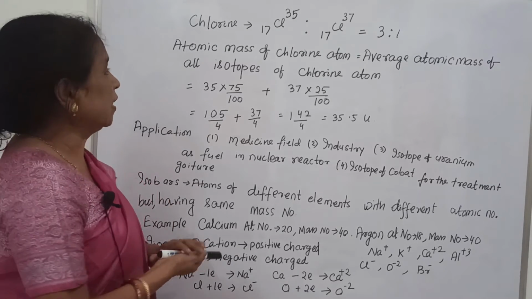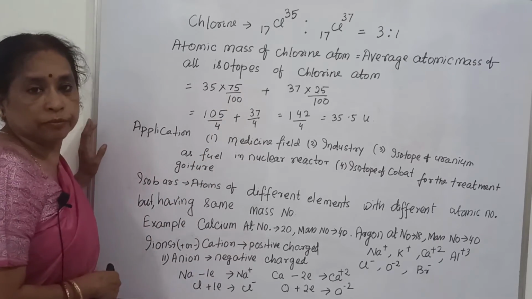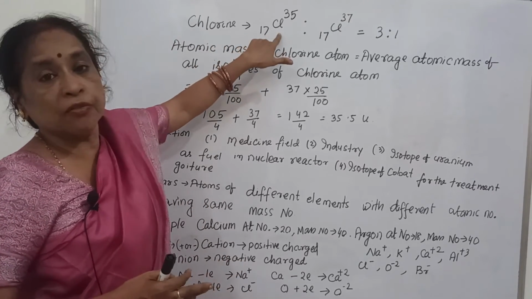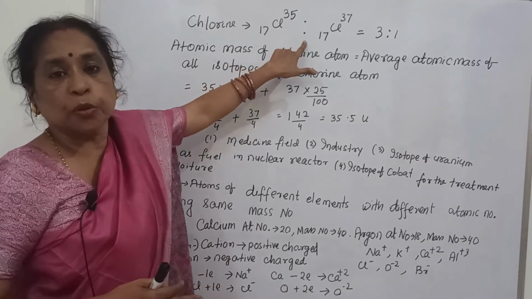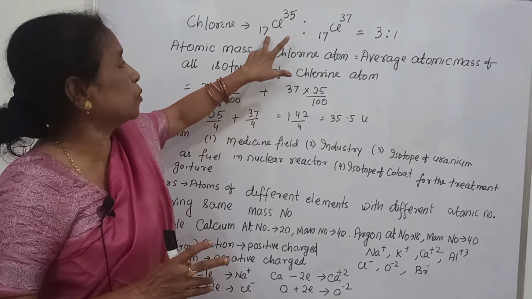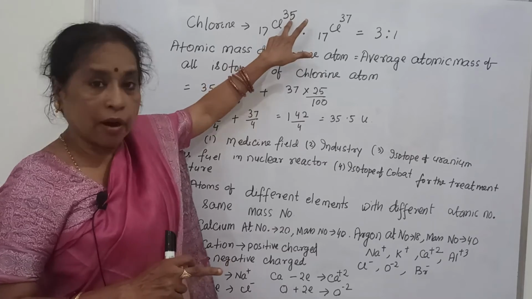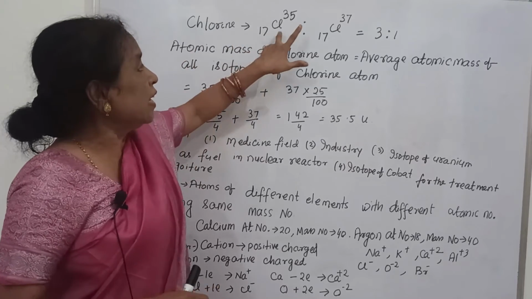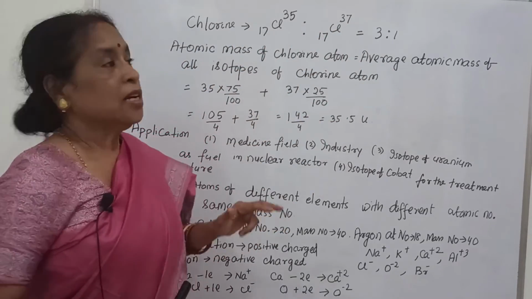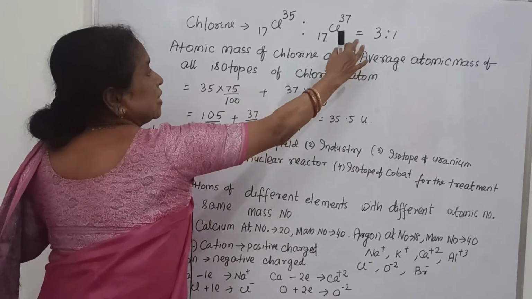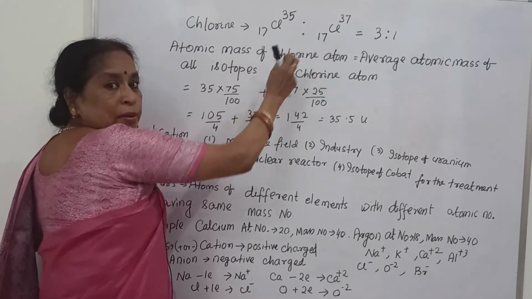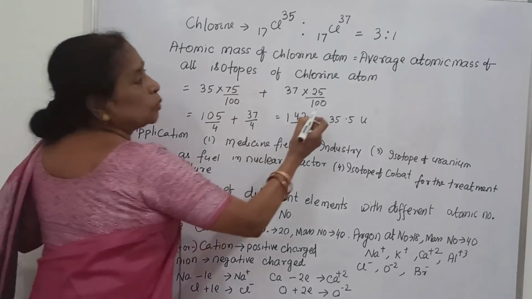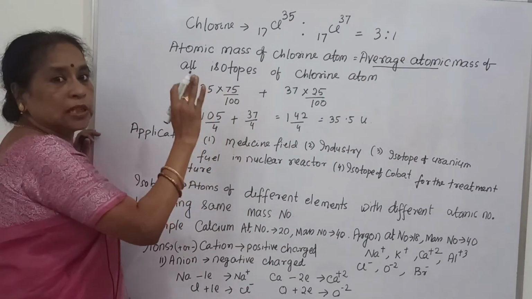I have to calculate the atomic mass of the chlorine atom. That means we should know the natural ratio of the two isotopes. Chlorine has two isotopes: 17Cl35 and 17Cl37, in the ratio of 3:1. That means 75% and 25%. The atomic mass of the chlorine atom equals the average atomic mass of all the isotopes present.